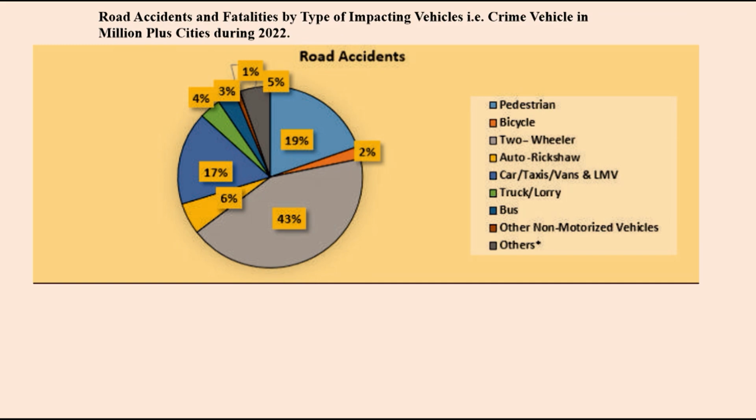If we add up pedestrian, bicycle and two wheeler, that becomes 19 to 21 plus 40, so that becomes 65% of the people injured. They are non-motorized people, not motorized, but more susceptible to accidents.